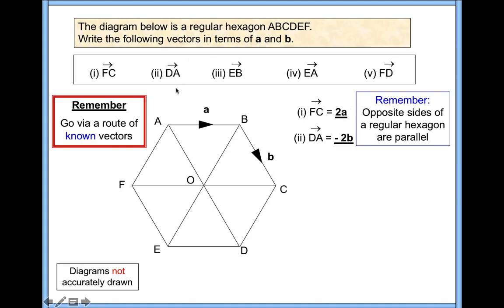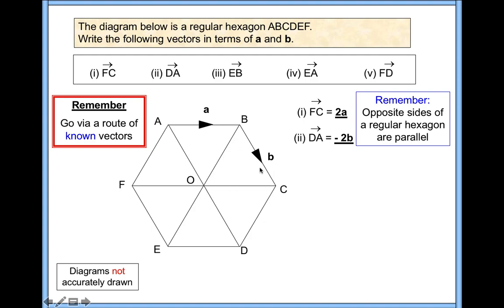Now we will see vector DA. Vector DA means from D to A. Okay, so with reference to side BC, diagonal DA, both side BC and diagonal AD are parallel. But here they are speaking about vector DA. So vector DA is going to be in the opposite direction.